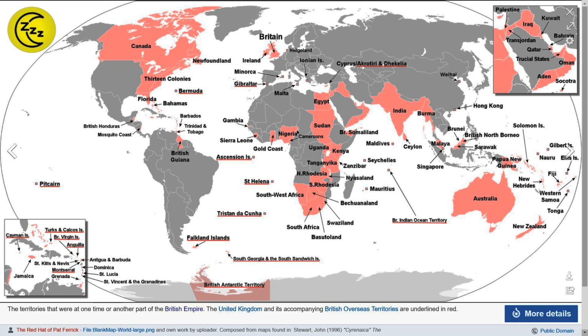The formation of the empire was thus an unorganized process based on piecemeal acquisition, sometimes with the British government being the least willing partner in the enterprise.